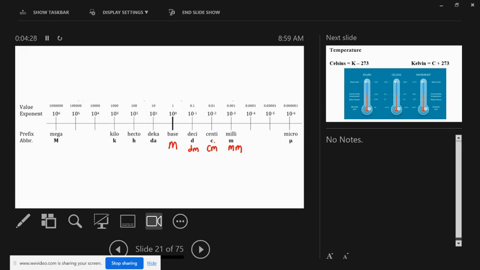Yeah, so 10 to the minus 9, the prefix is nano, and the abbreviation for that is N. And we do use that a little bit in chapter 5. On this end, we have mega. And then beyond that, we have giga and tera. You've probably heard of those in terms of computers and measuring bytes. We only go up to mega in here for our stuff.